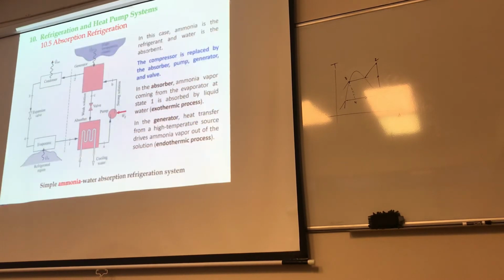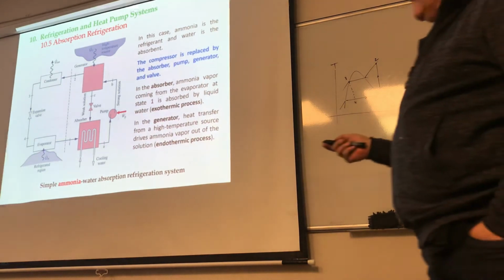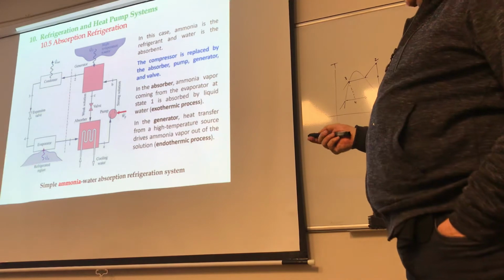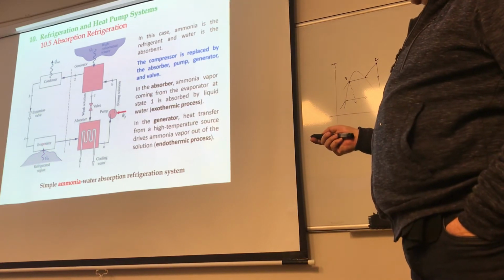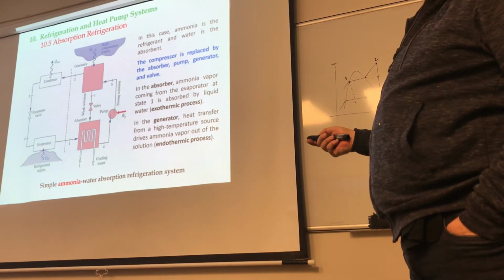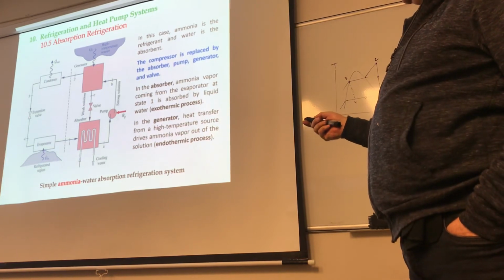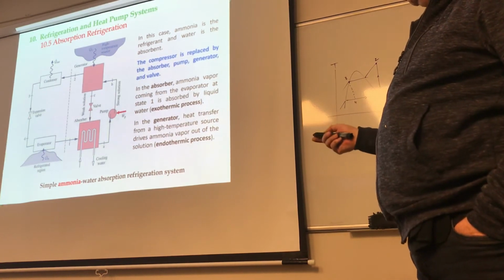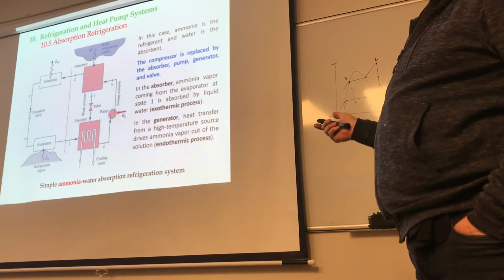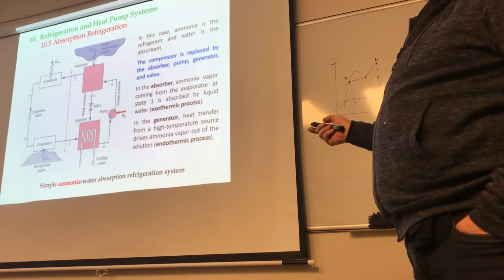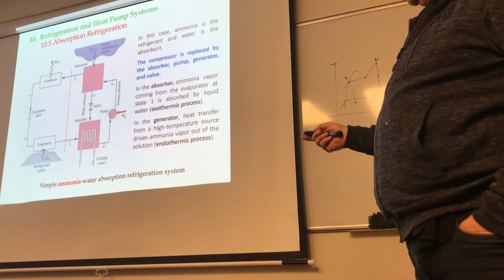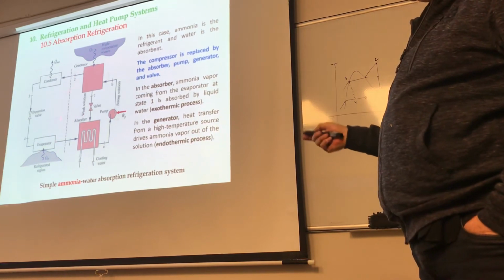A schematic is the best way to understand this type of thing. Look at this. What do you recognize in here? You recognize the evaporator associated with the original cycle, the expansion valve, the condenser. What used to be here before? Just the compressor. Now, instead of having the compressor, we are replacing it with this entire stuff.